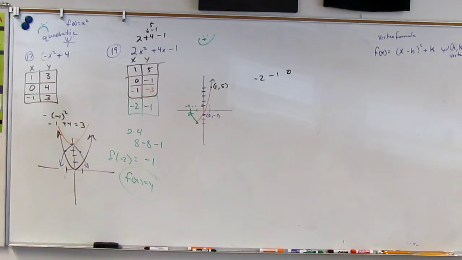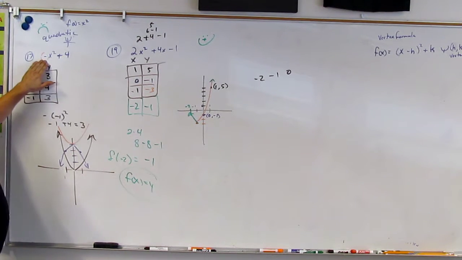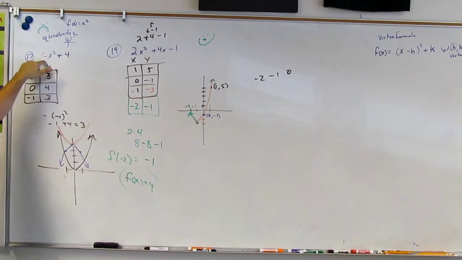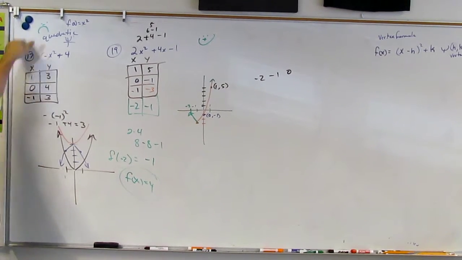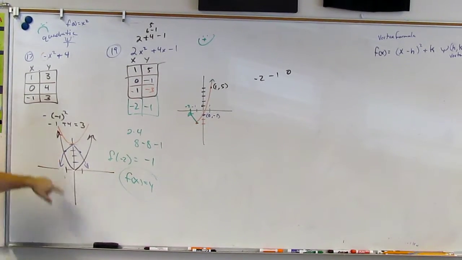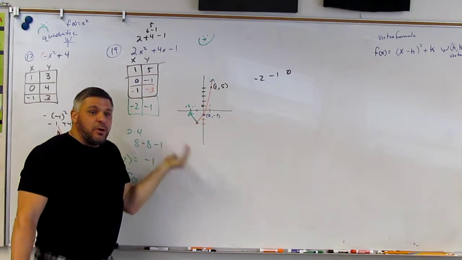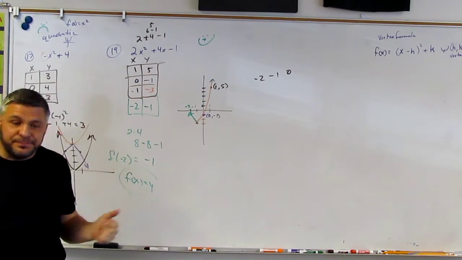It's that simple. If it's negative out front, not here, we don't care about this, we care about out front. If it's negative, it frowns. If it's positive, it smiles. It's a cup. It opens up.